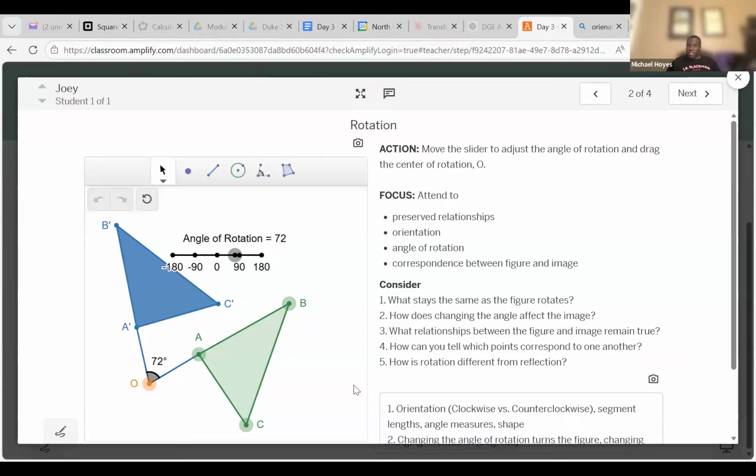And you had mentioned the distance from the pre-image point to the center of rotation should be the same as the distance from its image to the center of rotation. Yeah, you'd have to do that. Otherwise, you could technically have two points that have the same angle if all three happen to be collinear, especially when you start dealing with these triangle features.